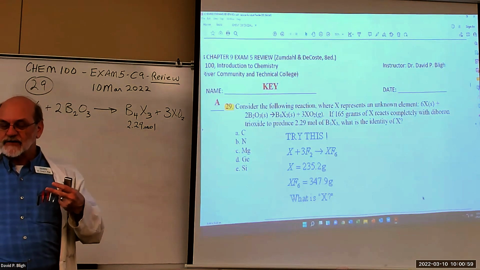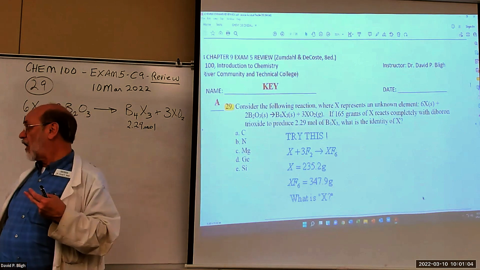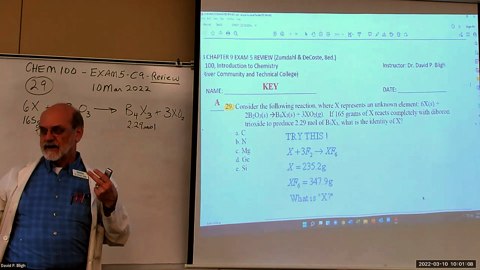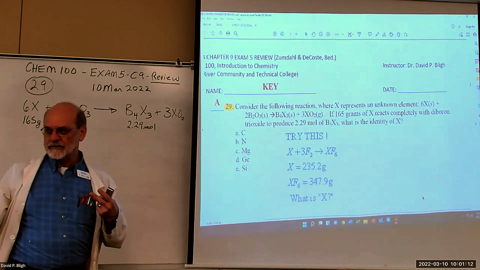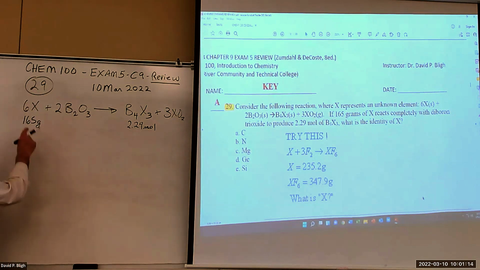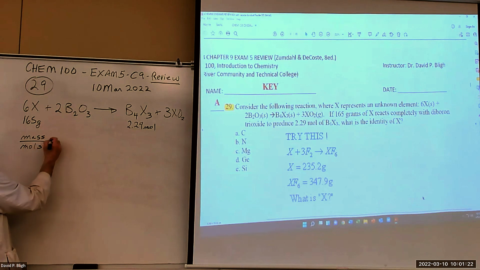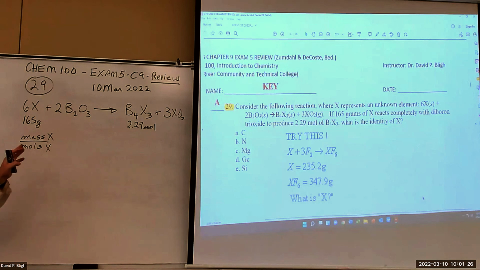If you know the molar mass of the element, for all but a couple elements on that table, the molar mass is unique for that element. So in order to find the molar mass, we need mass divided by moles. Mass of X divided by moles of X will give us the value that we need to look up on the periodic table.